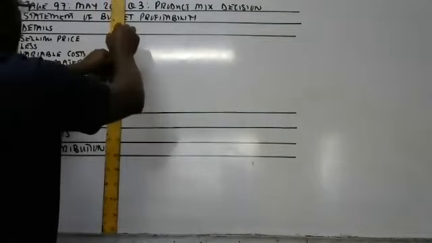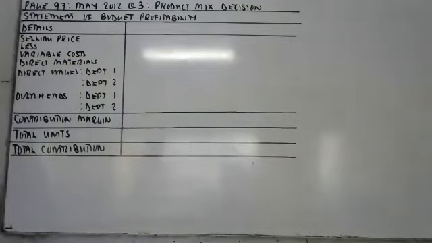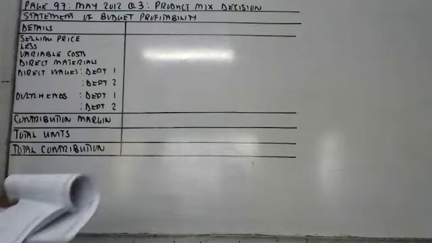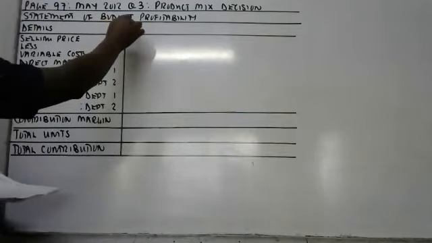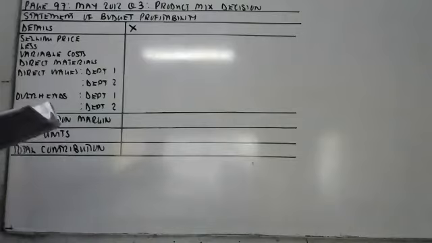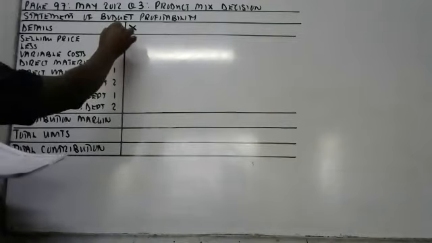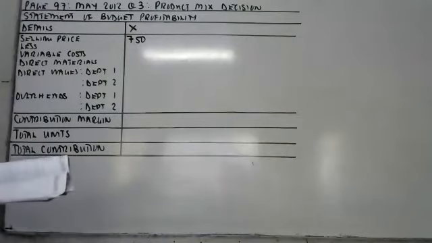So tutaifikisha hapo kwanza. We have 3 products. So we start with product X. As you can see, huko chini, the selling price is 750.